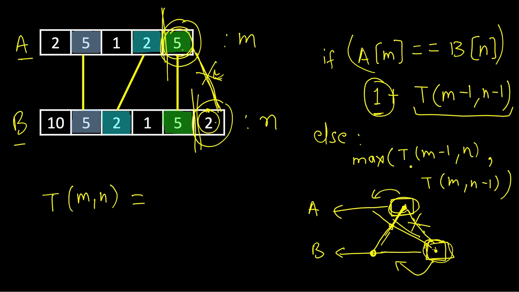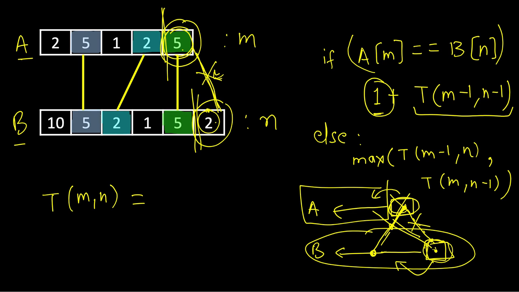So in the first case we remove this one and take the result of this part with the complete B, and in the second case we remove the last number of B and take the result with complete A and take the maximum of that.